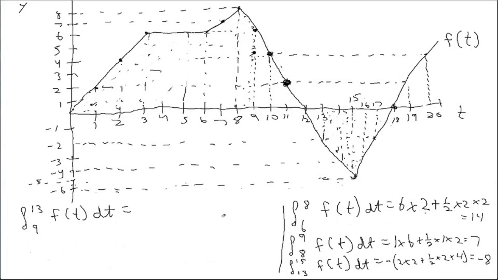And the area of the other triangle is 1 times 2. So the area of that triangle is 1. So we have 9 minus 1. So the definite integral of f of t between 13 and 9 is 8.